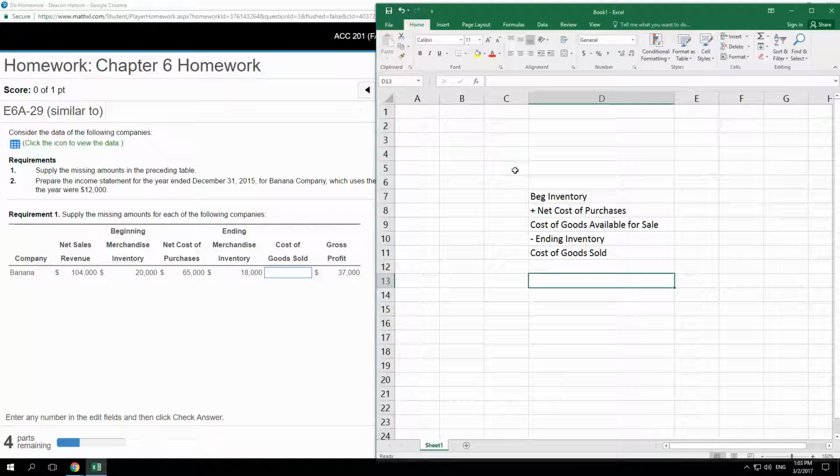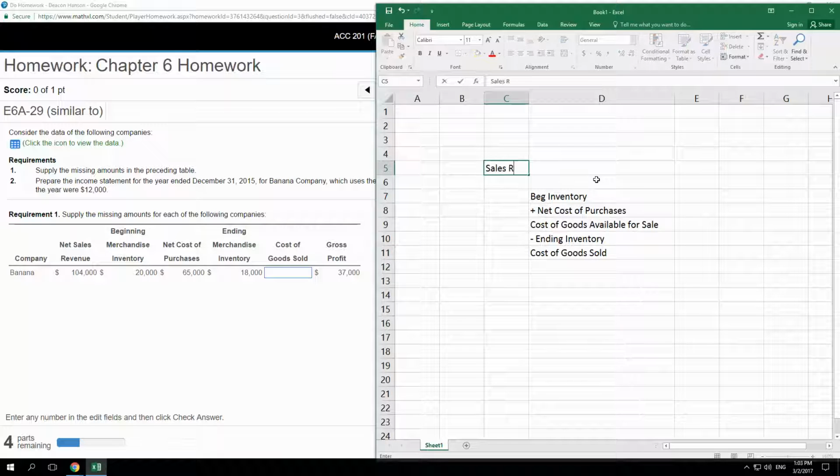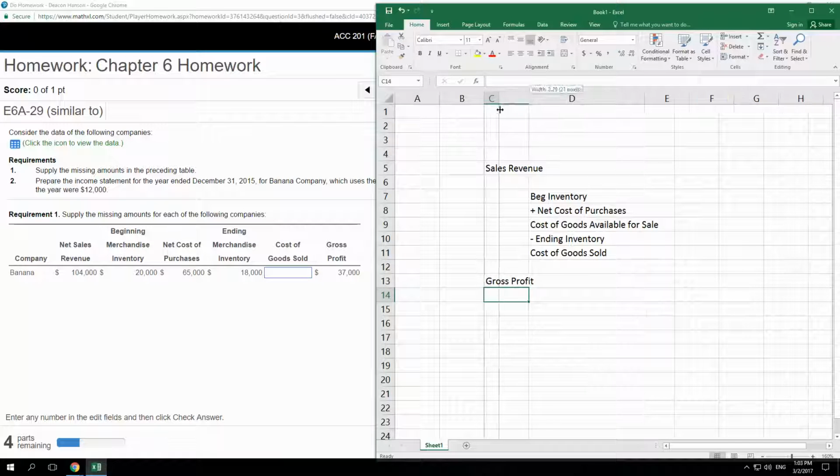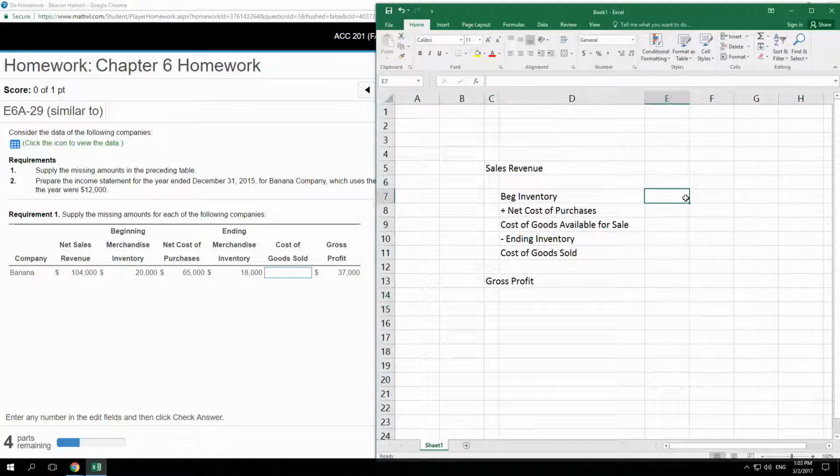Okay, and then if you took your sales revenue and you subtract your cost of goods sold from that, that's going to give you your gross profit. So it might align like this, and then if we had numbers in there, the numbers would probably sit like this.